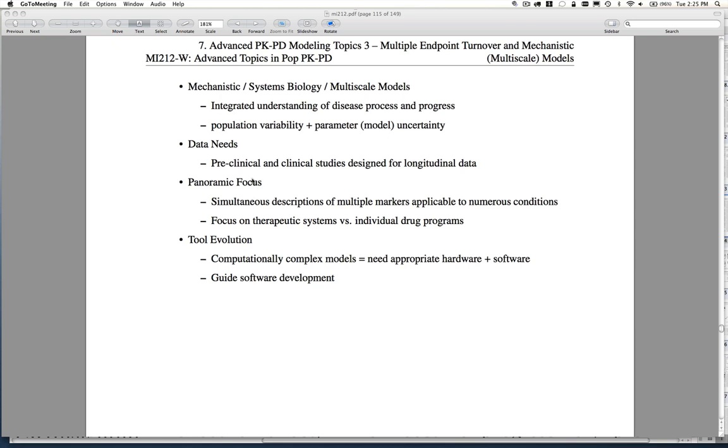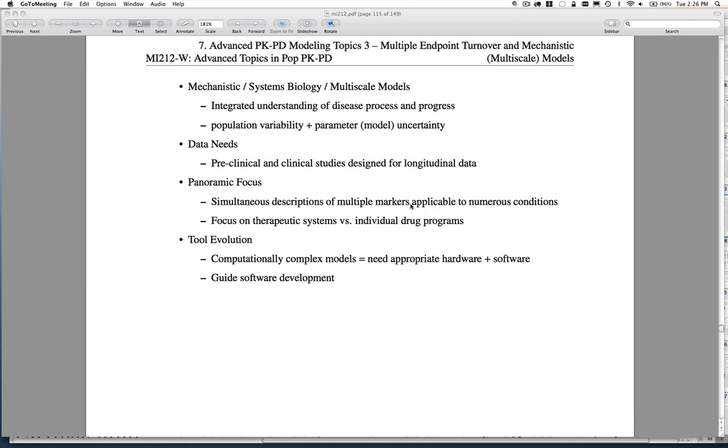I already talked about this panoramic focus. You want these models to do more than just describe the data at hand. You want them to give you a description and an understanding of multiple markers or multiple scales of marker, again maybe from cell signaling up to outcomes-type variables.